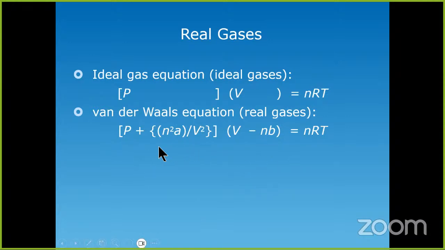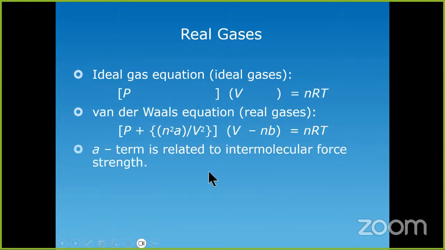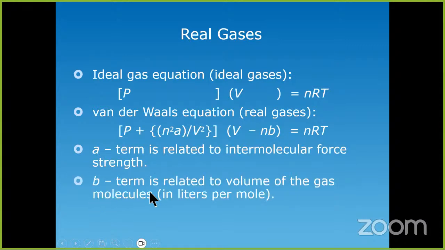So you can see that when you compare the ideal gas equation to the real gas equation, there's some modification. You have this term being added to the pressure term, and then you have minus nb added to the volume term right here, all right? And there's some constants involved when it comes to the van der Waals equation. You have this term a, which is related to the intermolecular force strength, and then you have b, which is related to the volume of the gas molecules in terms of liters per mole, right?